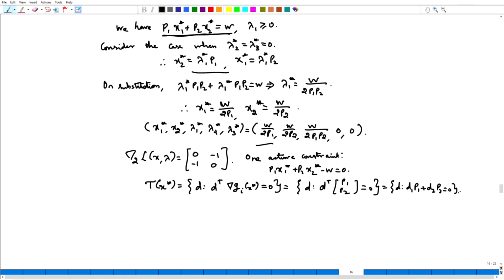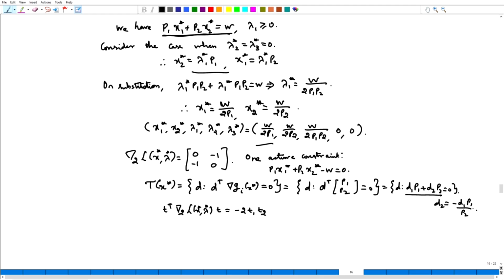Now, let us verify t transpose del 2 L of x star lambda star t. So, what is this? It is actually minus 2 t1 t2. Note that if d1 p1 plus d2 p2 equal to 0, then d2 equals minus d1 p1 by p2.